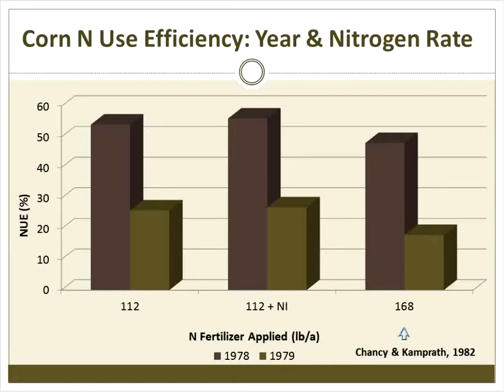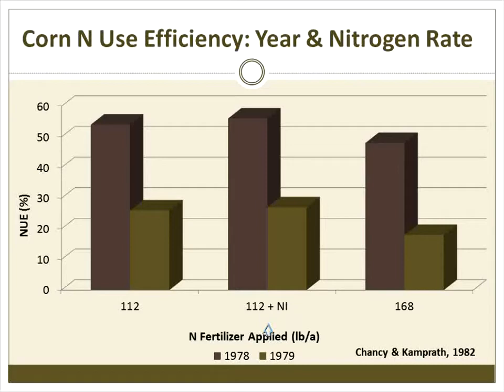So let's look first at the nitrogen rate of 112 and the nitrogen rate of 112 plus the nitrification inhibitor. In both 1978 and 1979, there was absolutely no difference in nitrogen use efficiency.